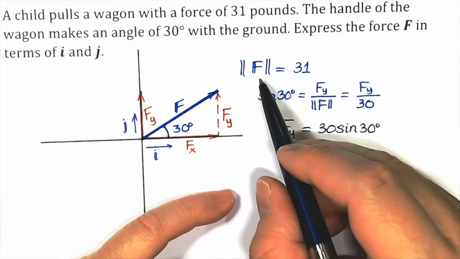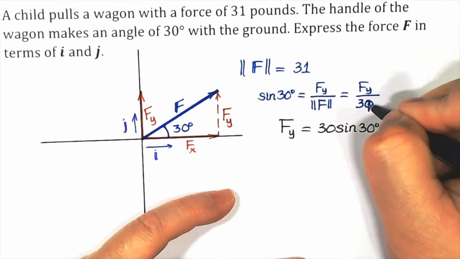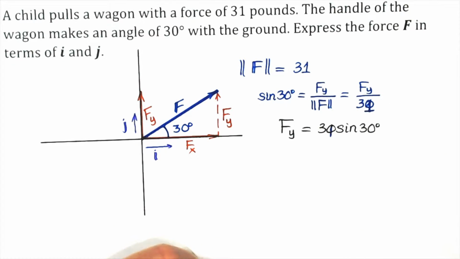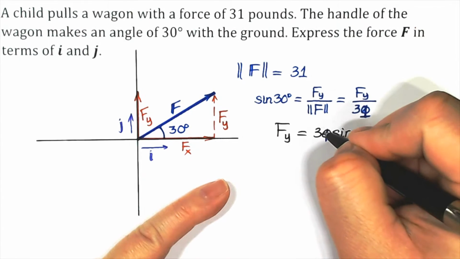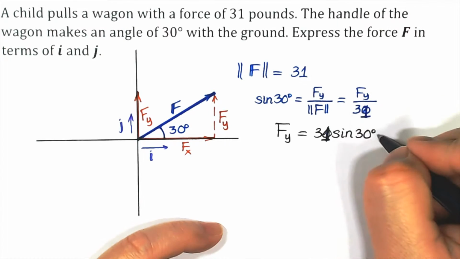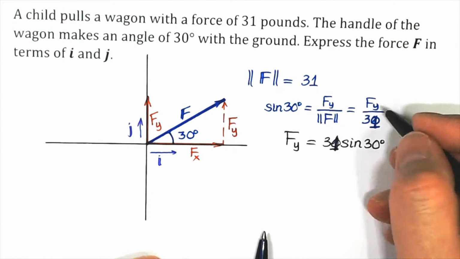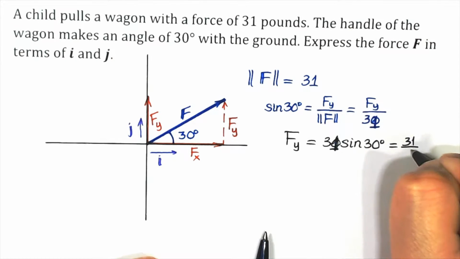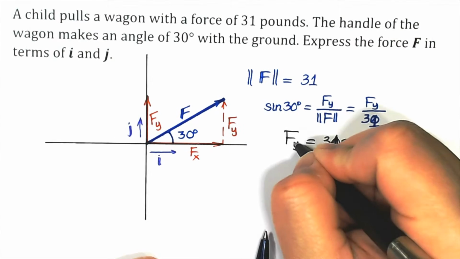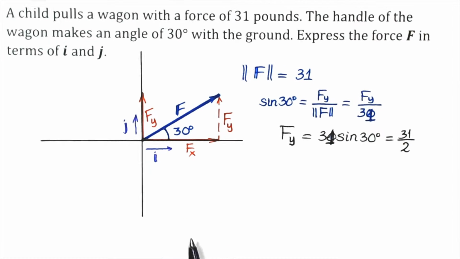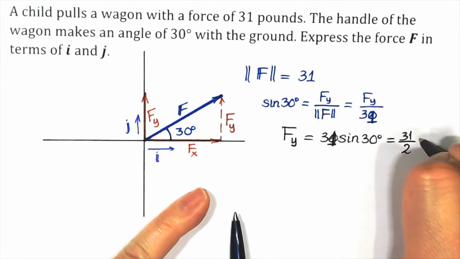I'm sorry, the magnitude is 31, not 30. So it should be 31, and sine of 30 is 1/2. So this is going to be 31 over 2. That is the y component, f of y.